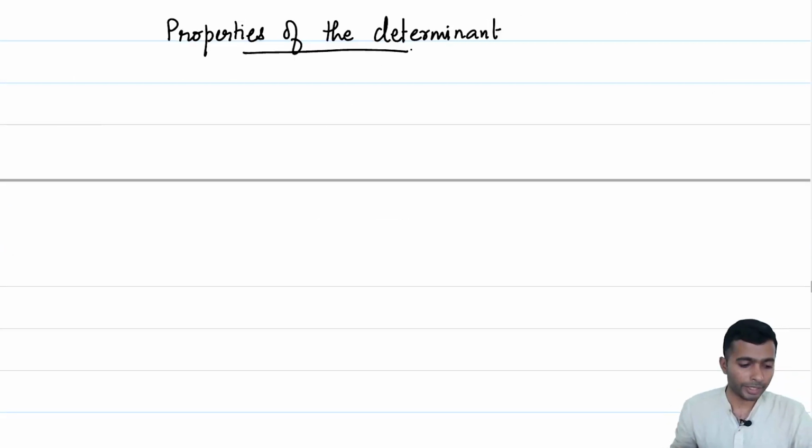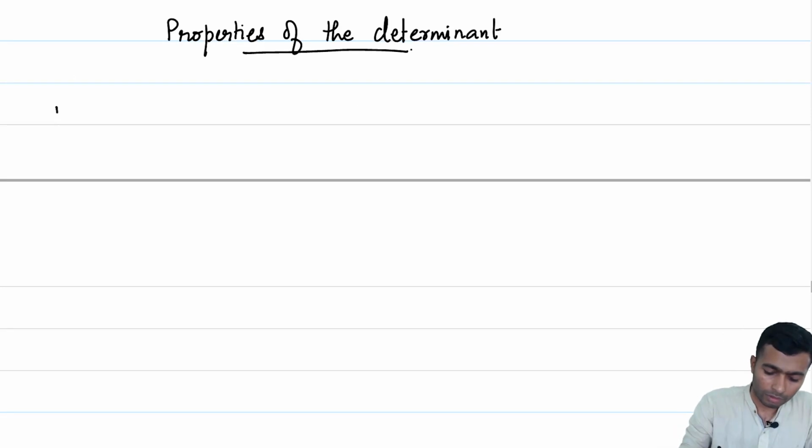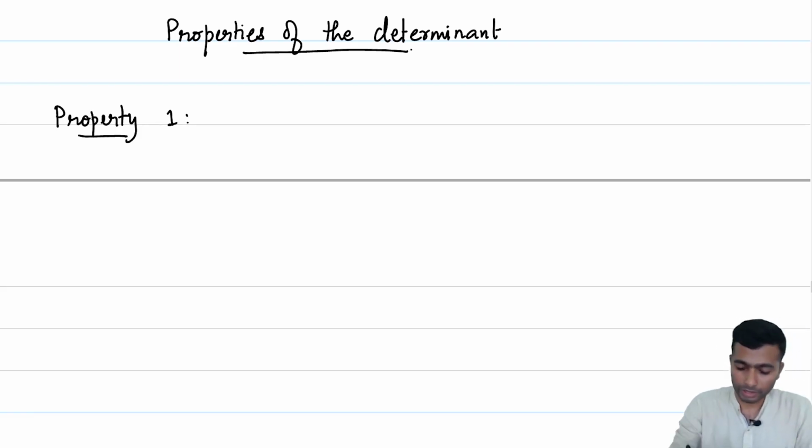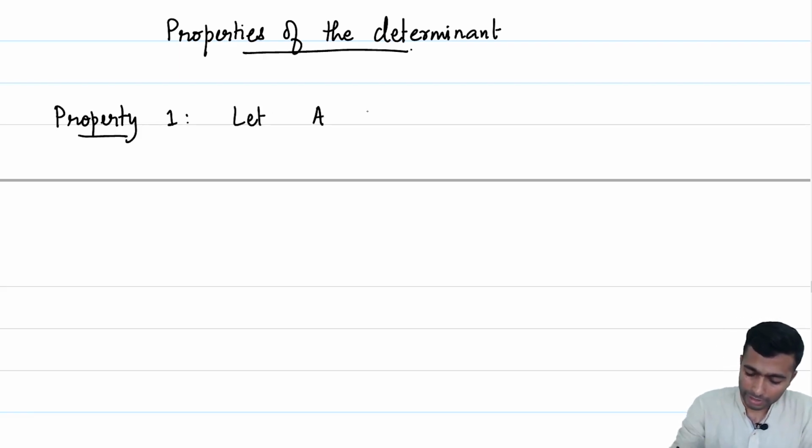Okay, so the first property that I would like to discuss is the following. Let A be an n cross n matrix.